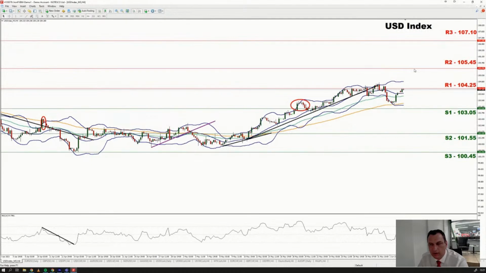Because, okay, on the one hand, the US employment market remains tight, but definitely the rise of the unemployment rate to 3.7% may have rung some bells in the Fed.